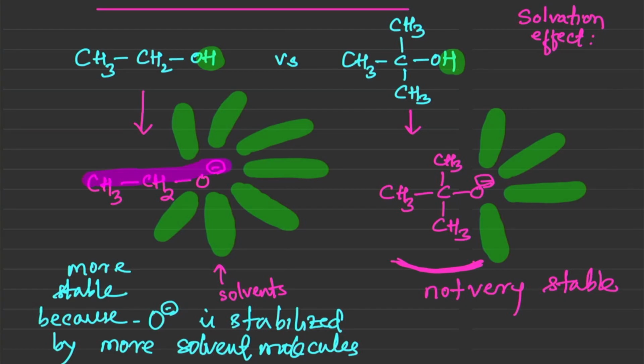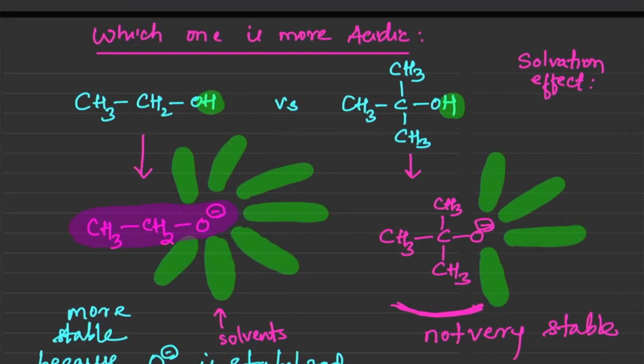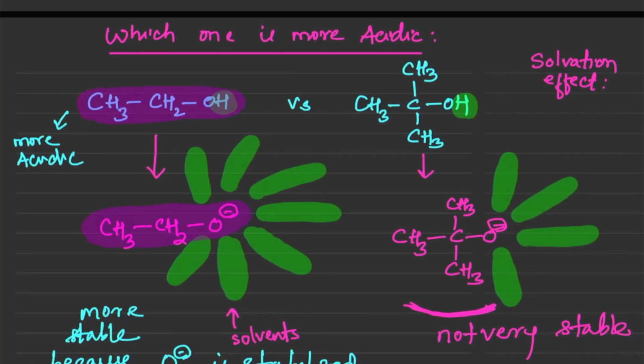If the structure on the left is more stable, that makes the corresponding acid more acidic. And we can prove this by a number. The pKa of ethanol should be around 16.